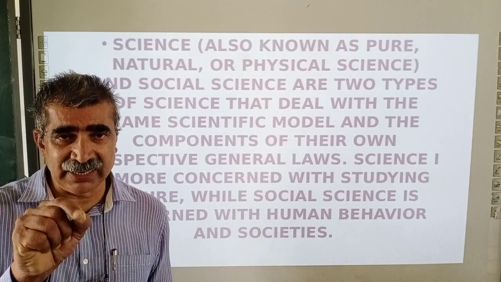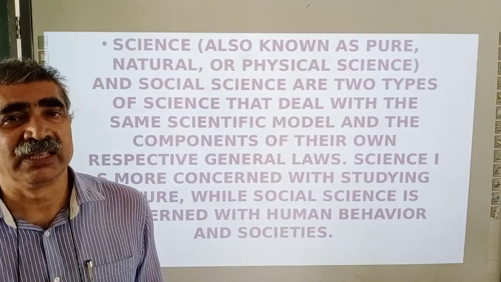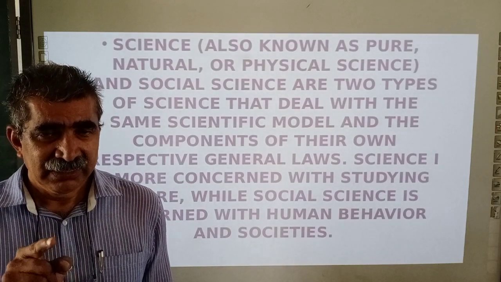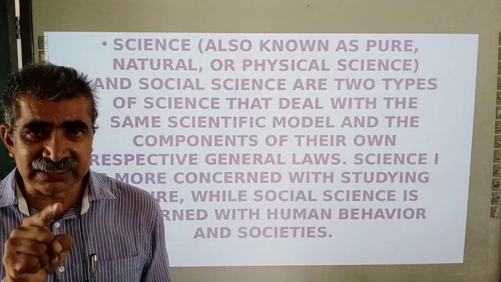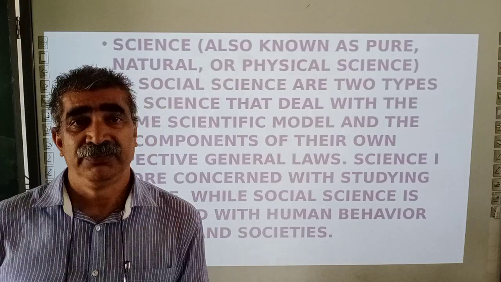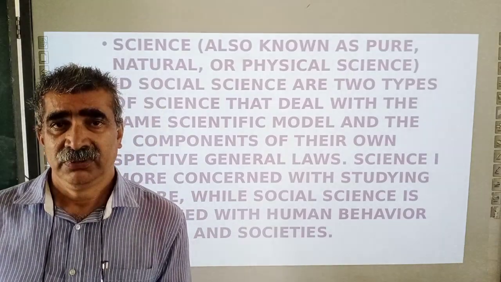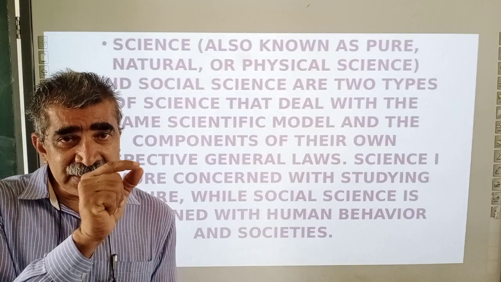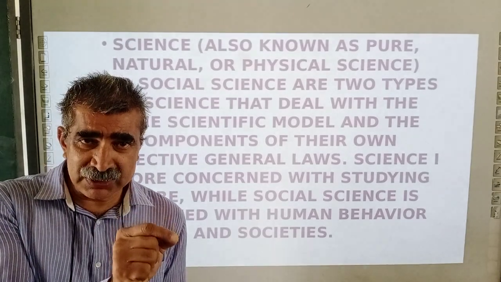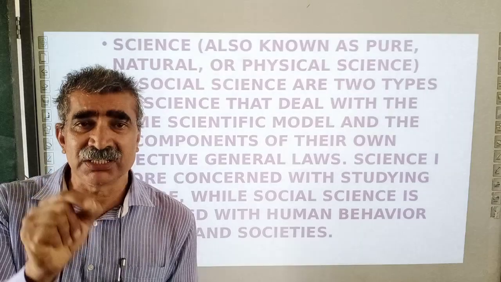As I told you already, natural sciences are the science of human beings interacting with the materials in nature. The responses of the materials in nature today will be the same, tomorrow also the same, every time the responses will be the same.